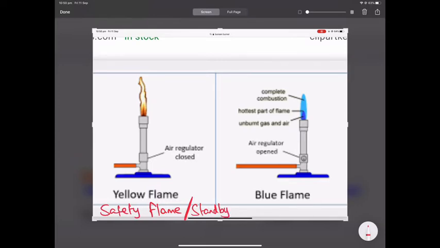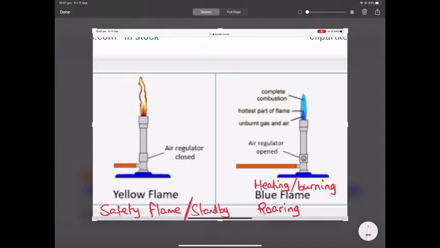Okay, and the blue flame is also called a heating flame or a burning flame, or sometimes a roaring flame because it makes a roaring noise. Okay, the safety flame or standby flame is silent, you can't hear it. So these are the two types of flame.